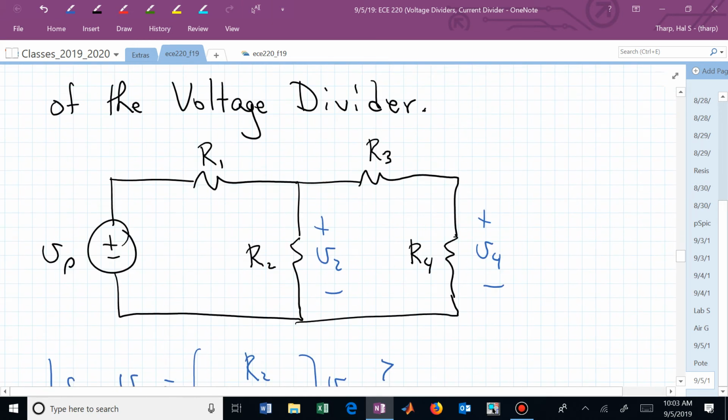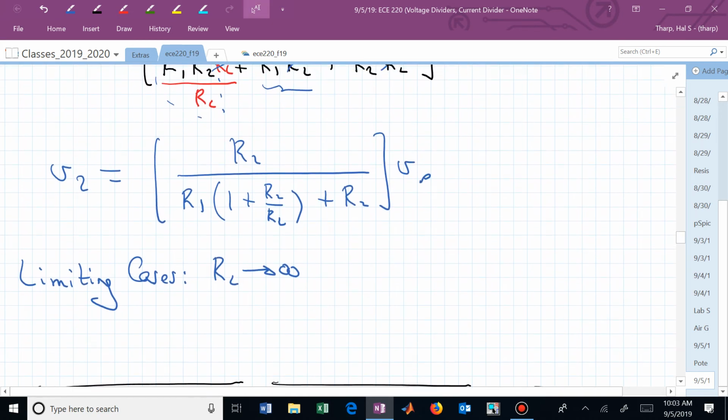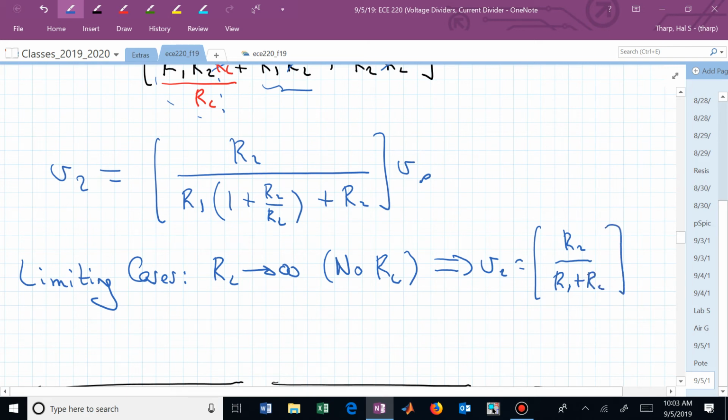So we're now looking at the really, really big case. And what does this formula say? I tried to convince you that now there's really no R sub L attached to the circuit. And if there's no R sub L attached to the circuit, we're back to our standard or classical voltage divider formula.